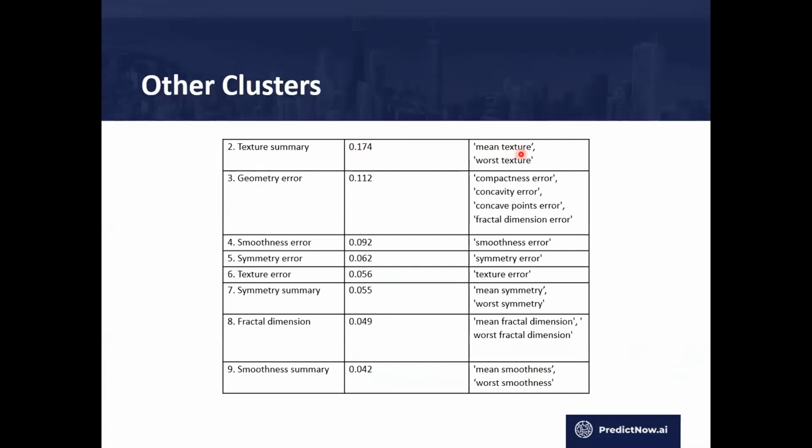Now when we run feature selection on this same data set before, you will find that the selected features are all different every time you run the feature selection algorithm. They are not the same. But after we apply cluster-based feature selection, these two clusters, the geometry cluster and the texture cluster, are always ranked top and second best.